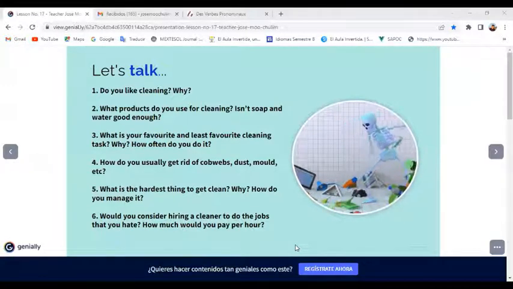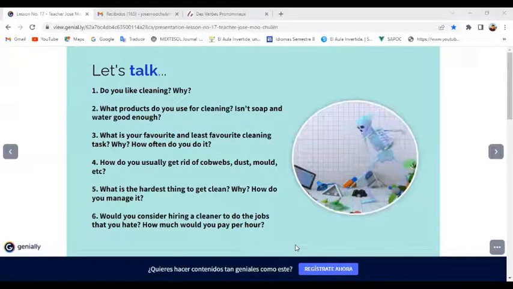And my least favorite cleaning task is maybe cleaning the pet area, because the smell is not as good.